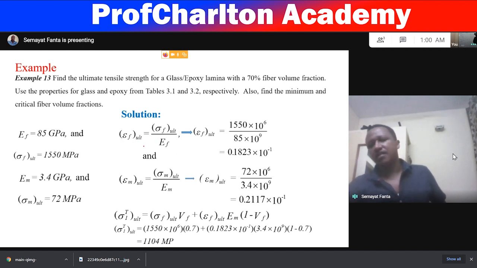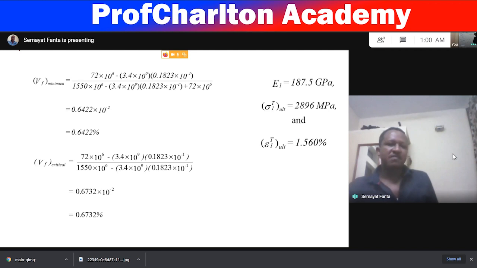Required are the ultimate strain of the fiber, the ultimate strain of the matrix, and the ultimate strain in one direction, based on this formula. And what is the minimum volume fraction required? This is the minimum volume fraction from the above formula. And what is the critical volume fraction? This is the critical volume fraction required.